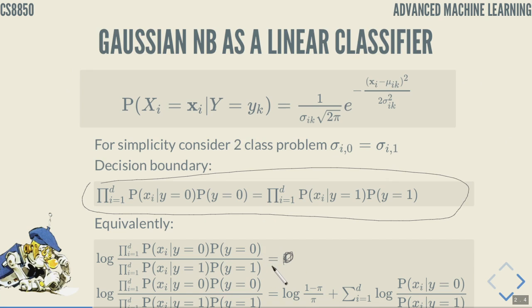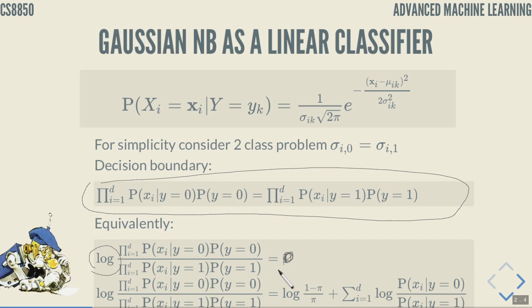If it is less than 1, then it is class 1. Greater than 0 respectively for the log ratio, and less than 0 respectively for the log ratio as well.